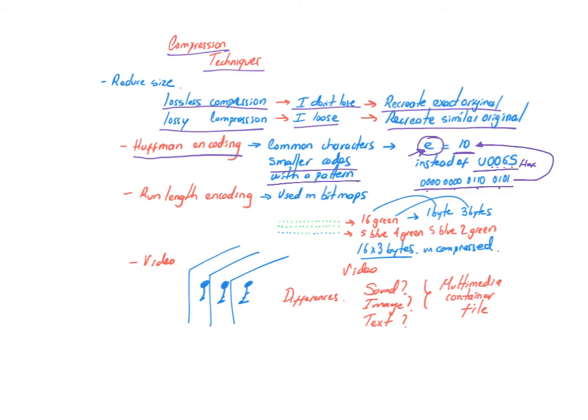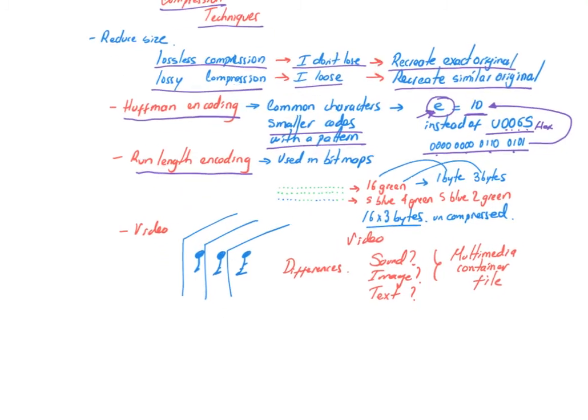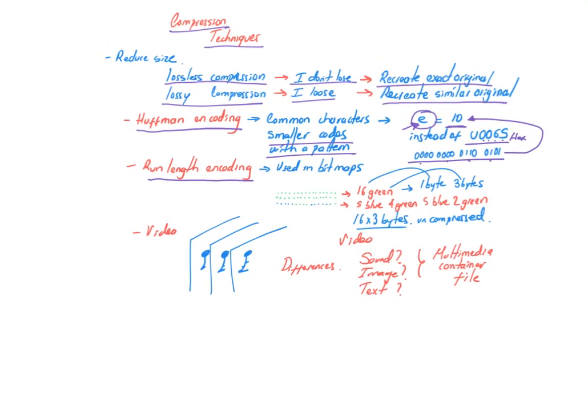Now, another technique is run-length encoding, which is used, for example, for bitmaps. The idea is to count how many times you find a pattern, and then you take that information and compress the file. So for example, let's say that this is an image made out of pixels, and this line is a green line, and this is a green line, and this is a blue and green line.